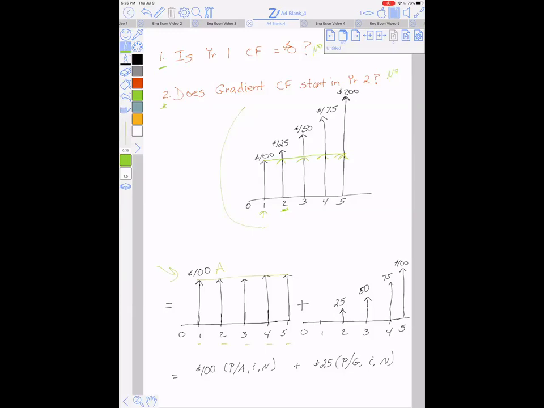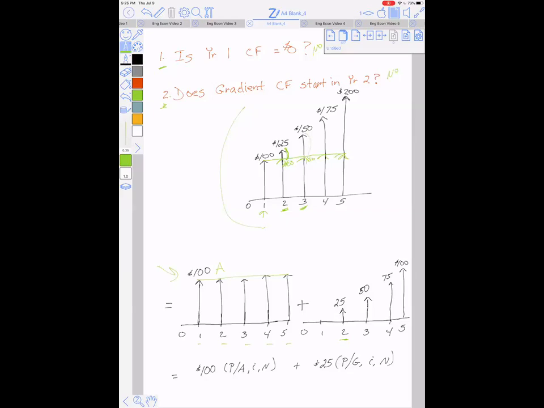Plus, then in year 2, what happens? We have an additional $25. We had $100 here, plus an additional 25. So we plot that here, year 2, $25. Going back up to our original, year 3, we have $100, plus in year 3 we have an additional 50.